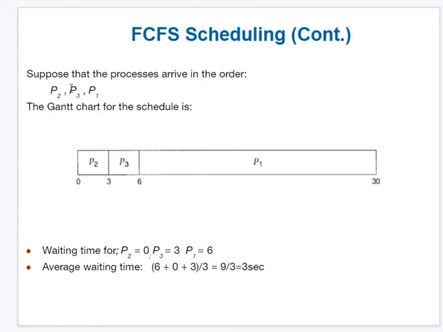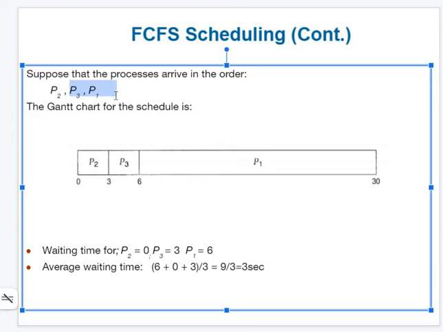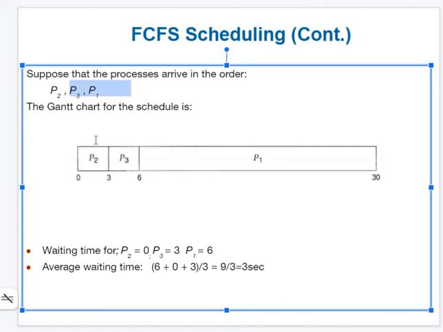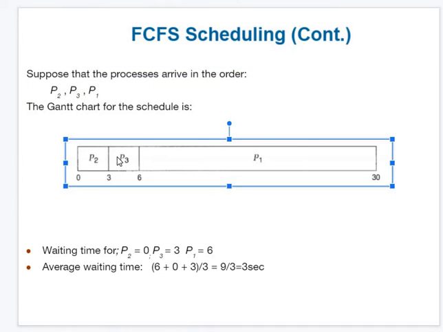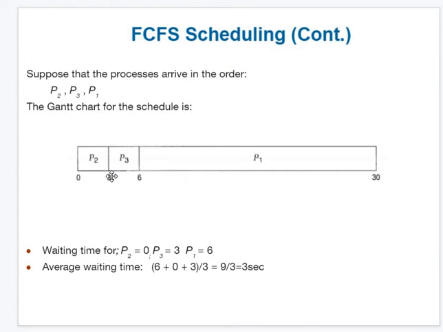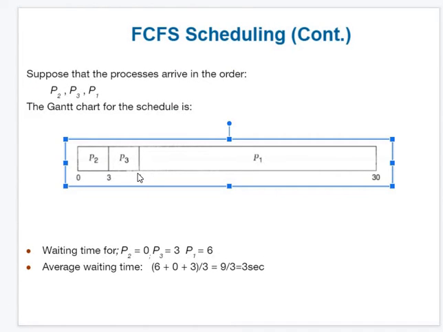After P2, you again refer to the order of arrival. Among P3 and P1, P3 comes first, so I will write P3. What is the total time of P3? That's also 3 seconds. So it started at 3 and ended at 6.